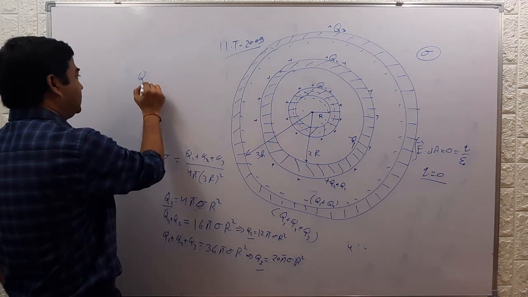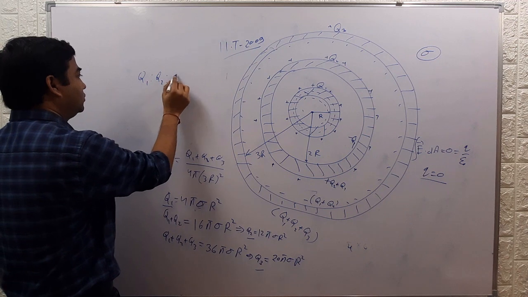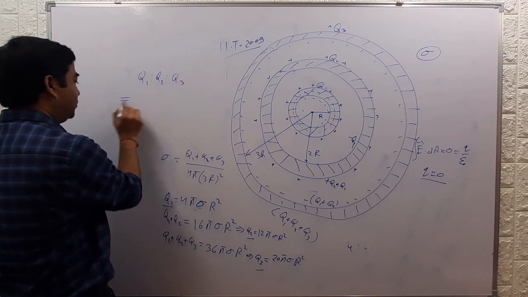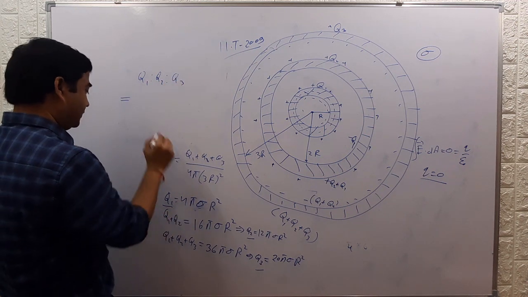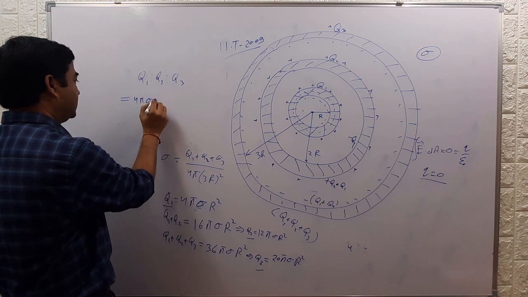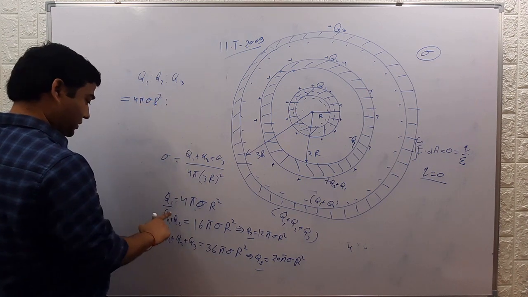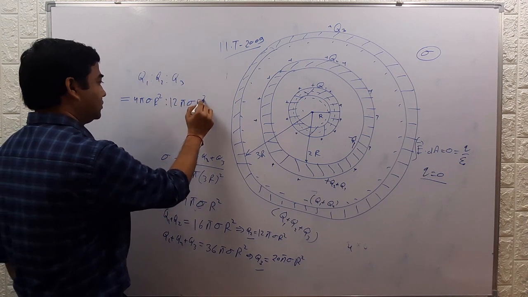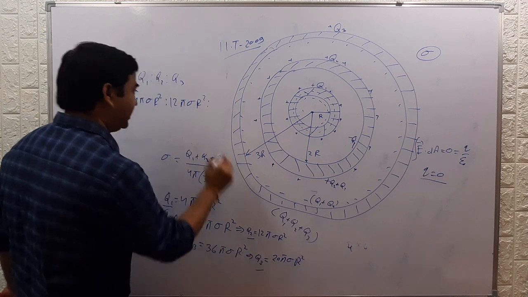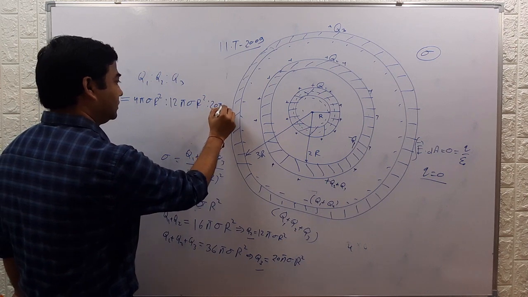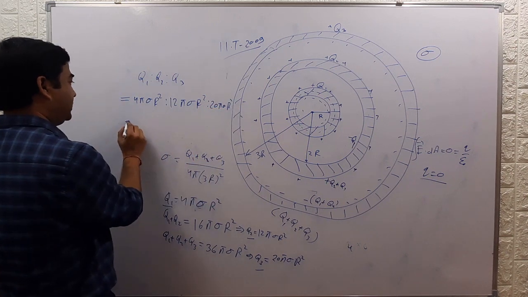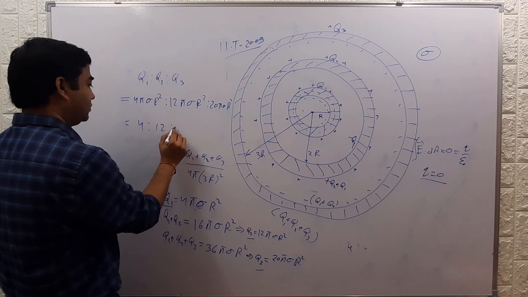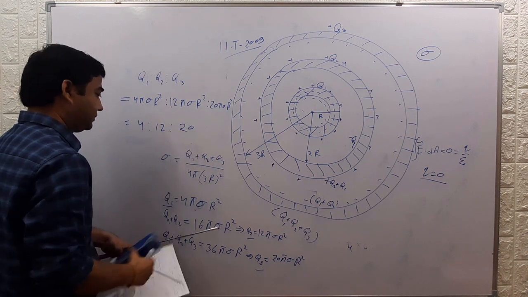So the ratio of Q1 to Q2 to Q3 is equal to, Q1 is 4 pi sigma r square, Q2 is 12 pi sigma r square, Q3 is 20 pi sigma r square. So this ratio is 4 to 12 to 20.